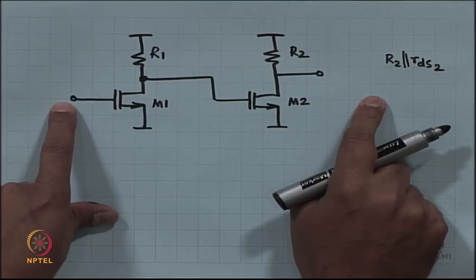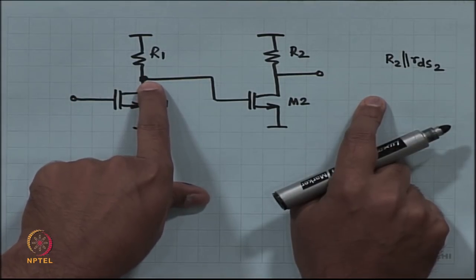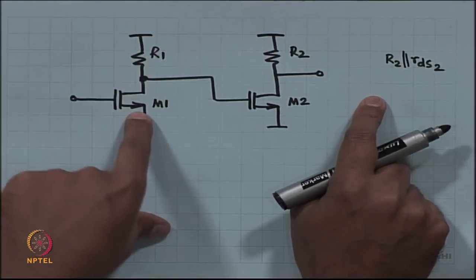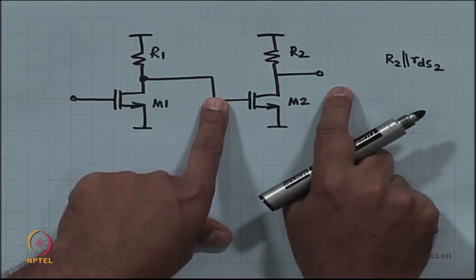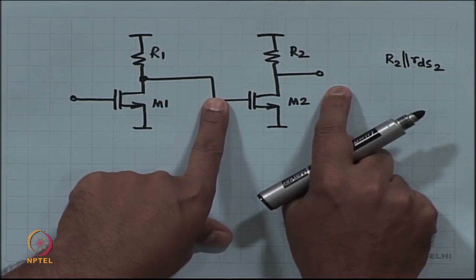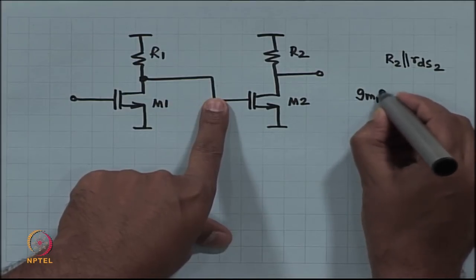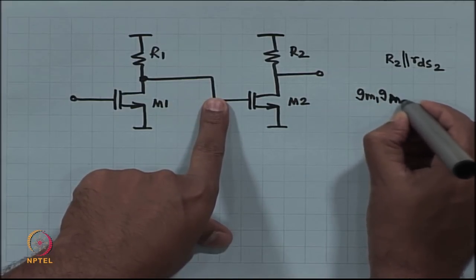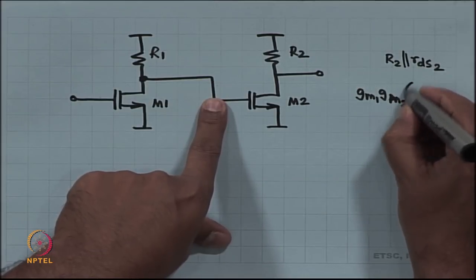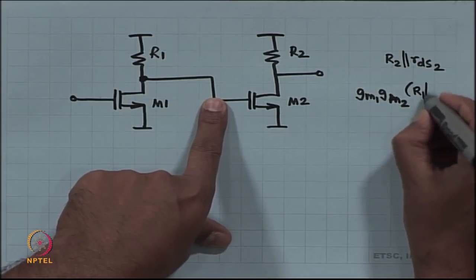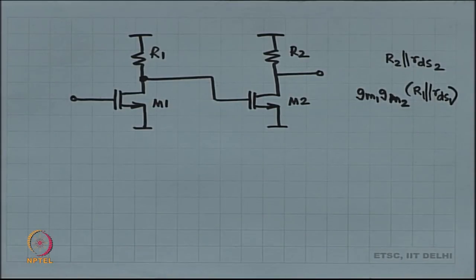If I apply V in over here, that is going to create minus GM1 times R1 parallel RDS1 over here, and that will create GM2 times that, which will be the short circuit current. So, the short circuit current is GM1 GM2 times R1 in parallel with RDS1, and that is it.